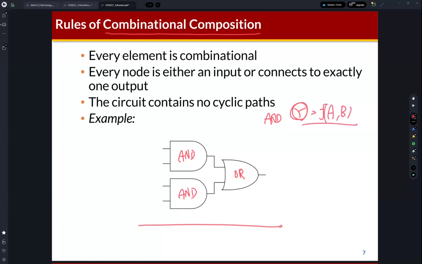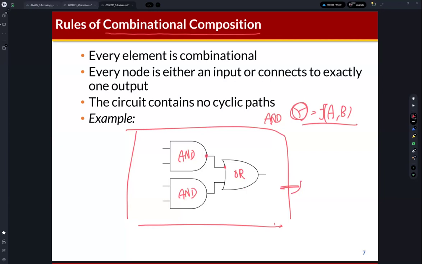So the AND gate is a combinational logic. How about the OR gate? The OR gate is a combinational logic also, right? And we also learned that by combining smaller circuits we can make a larger circuit like this, by connecting output ports and input ports. So this is also actually combinational logic.